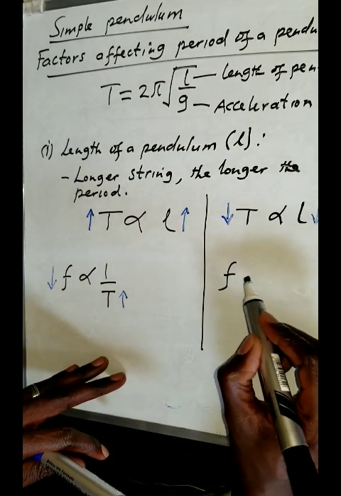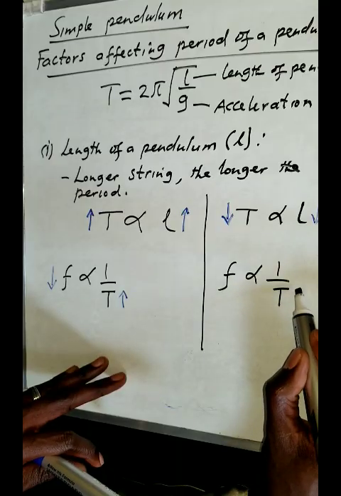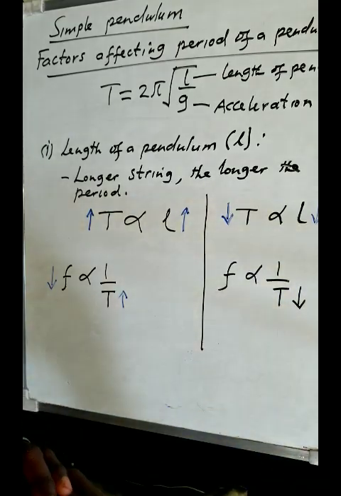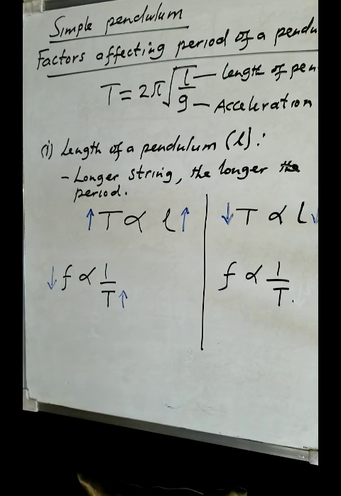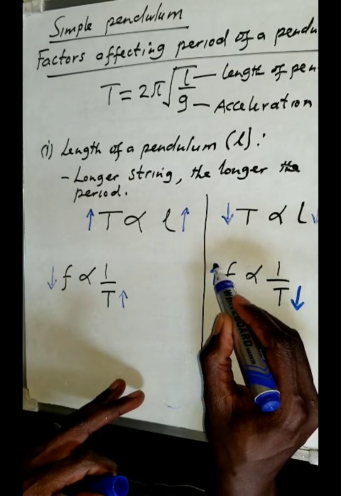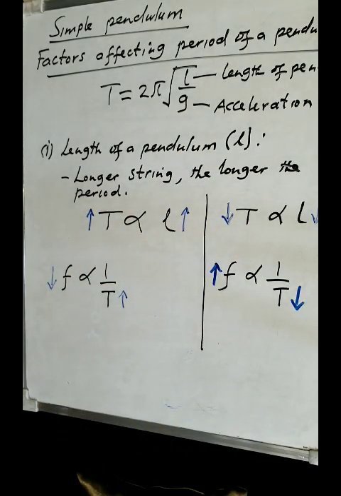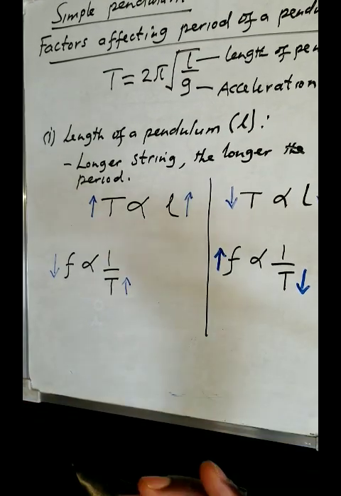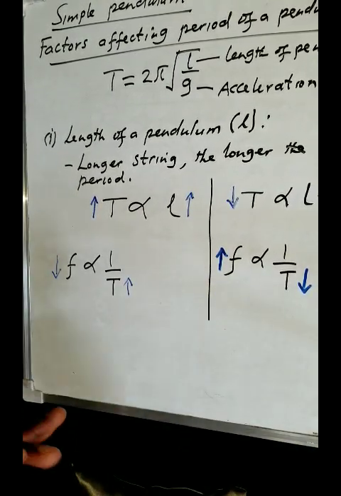Since frequency is inversely proportional to the period, if the period reduces, the frequency increases. You need to remember such relationships, because that is what they're going to be asking you in most of the questions that you're going to find.